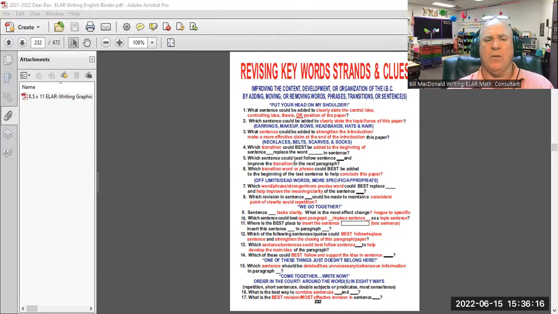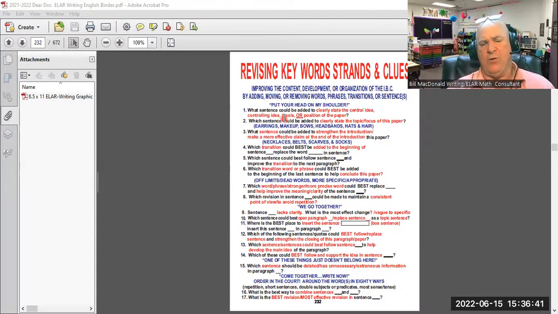If you look, I'm going to get my little annotation spotlight here. That was question number 1. Which sentence could be added either to clearly state the central idea, controlling idea, thesis, or position, or let's say you want to improve it. What word or phrase could be added to improve the thesis?